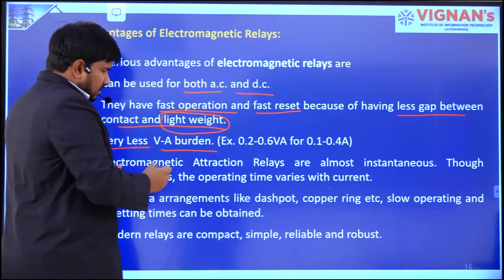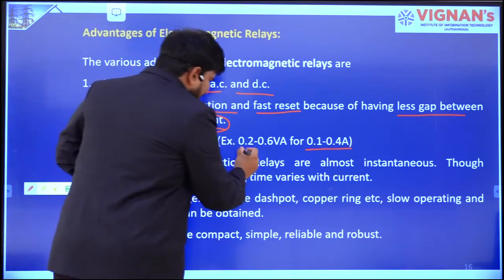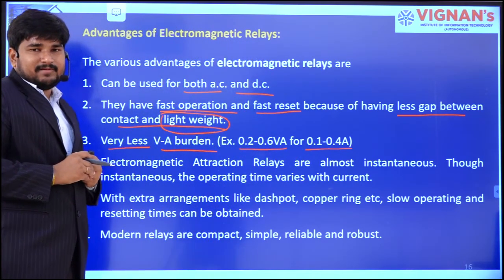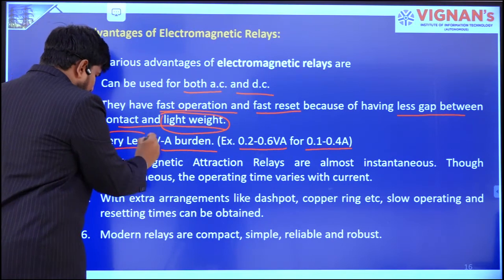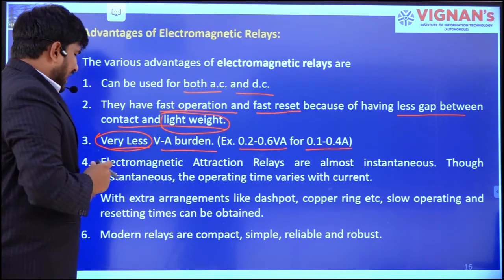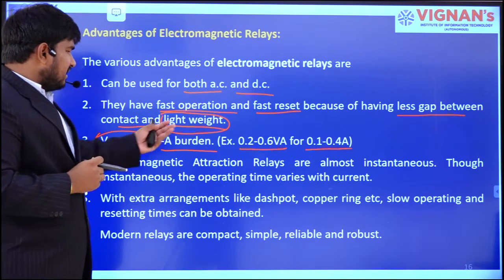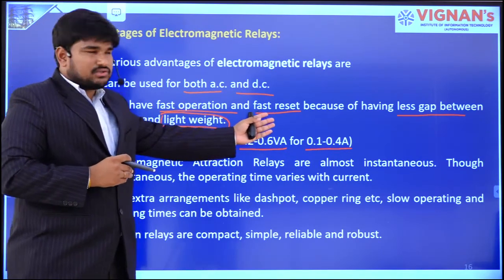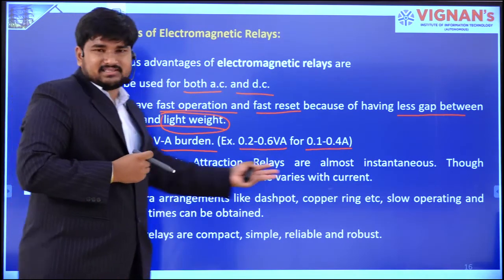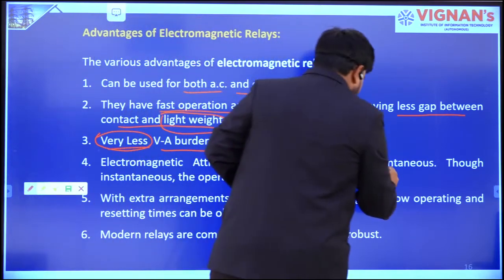For 0.1 to 0.4 amperes, only 0.2 to 0.6 volt ampere burden is there. That means the volt ampere burden in case of an electromagnetic relay is very less. And electromagnetic attraction relays are almost instantaneous because, as I also said, they operate faster, right? That's why they are used for instantaneous relays.